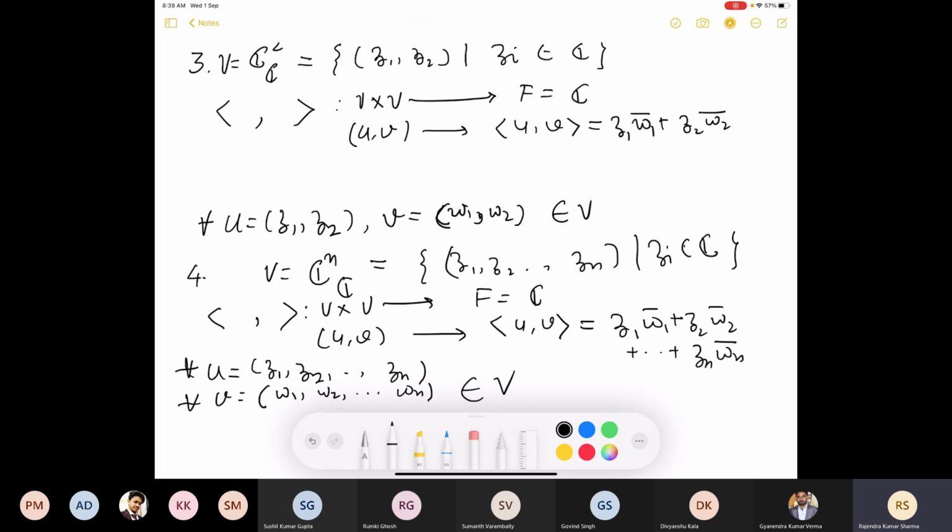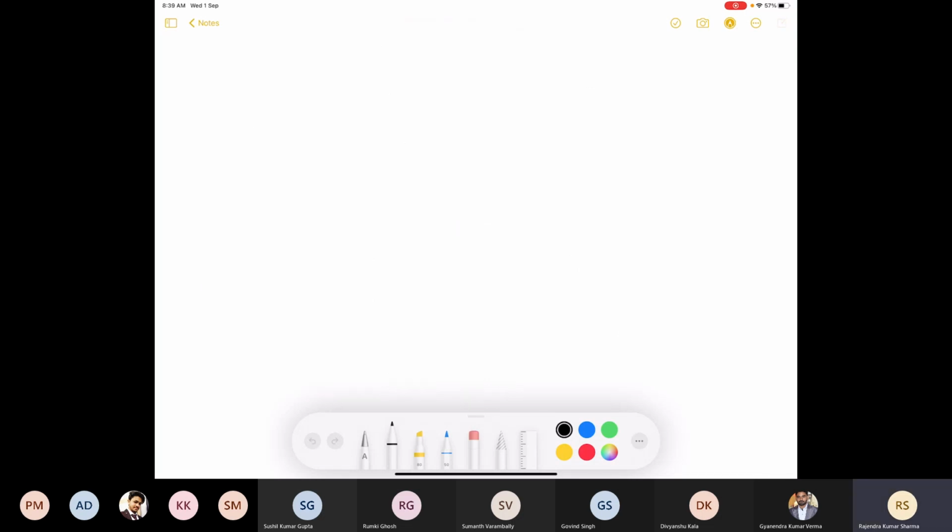All these examples can be combined into just one. So take, we say, Fn over F. So here it consists of, let us say, n-tuples. So this is alpha 1, alpha 2, alpha n.